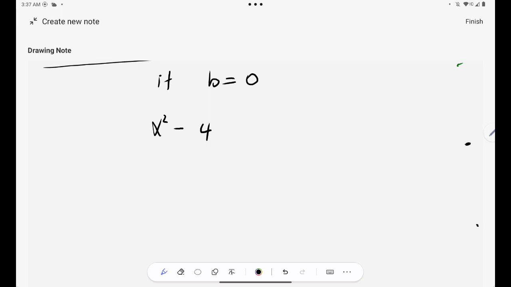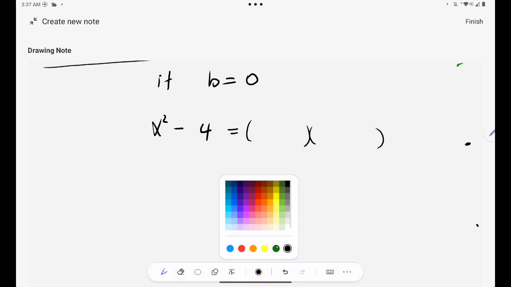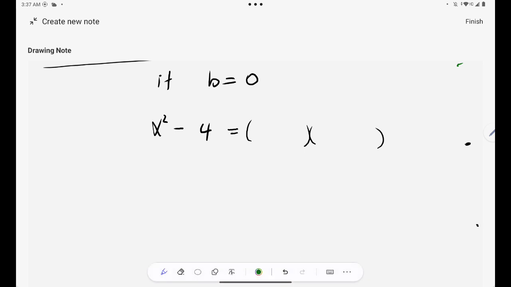This is called the difference of two squares, and factorizing it is very simple. Just open two brackets, and then ask, what is the square root of x squared? It is x, just write x in both brackets. The square root of 4 is 2, just write the 2's there, and then the signs will alternate, minus and plus.